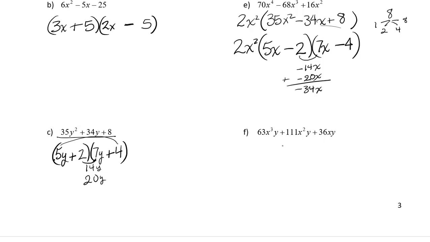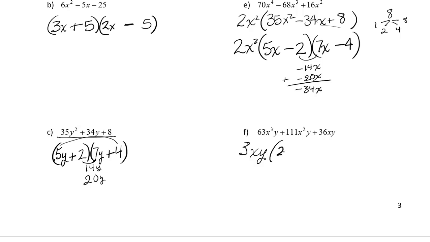Last one. I see I have a common factor of at least 3, so I'm going to factor out a 3, an x, and a y. When I do that, I might find another factor, but for now I'm just going to start there.